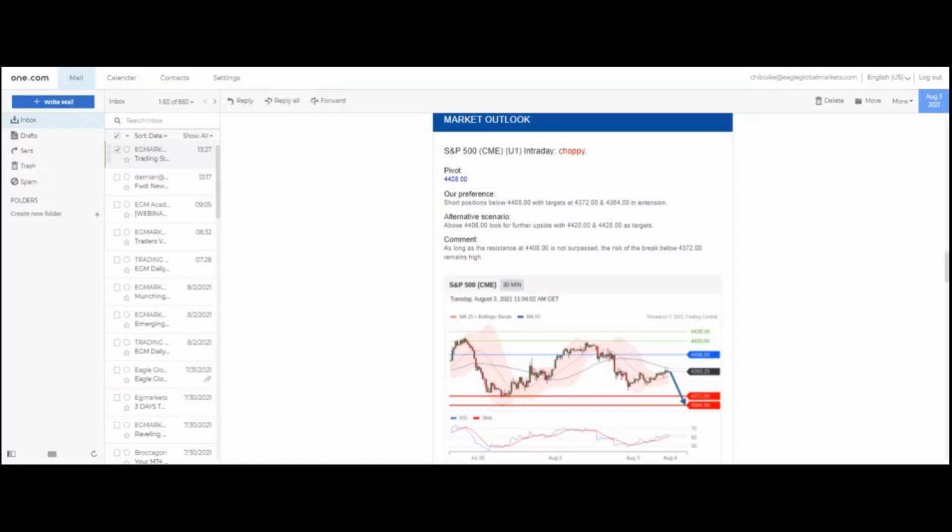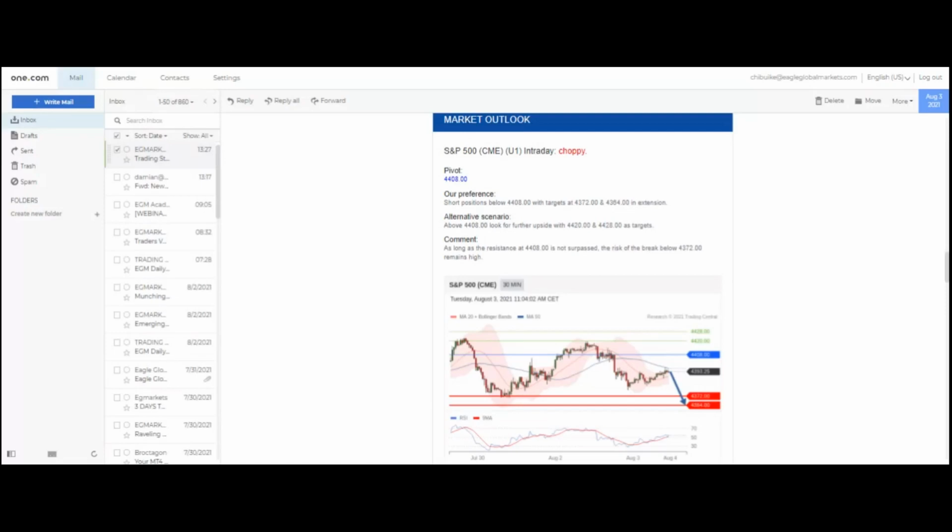The pivot means where price is currently at. It is support for price, where price is currently at, or price might not be there but is very close to that level. The pivot is 4408.00. You need to write that down. The preference is the signal, what they would like to see.